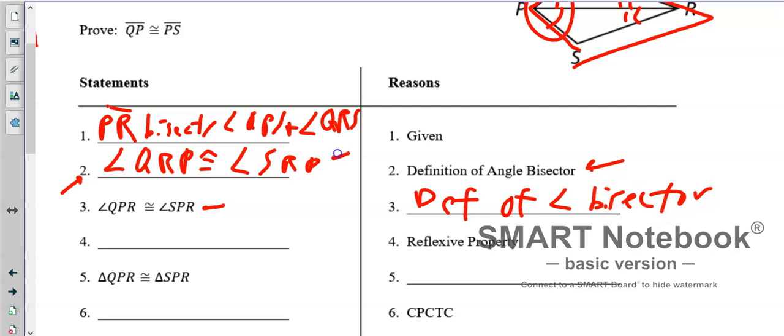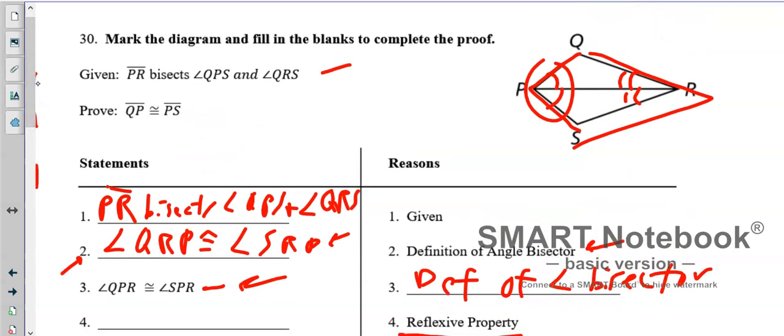So, how do we know which one to put here? Because we looked here. Again, if this wasn't fill in the blank, you could have done either one first, but since one of them was done, the other one goes in the other place. Okay? We see reflexive property. Well, what did we mark reflexive? PR. PR is congruent to itself.